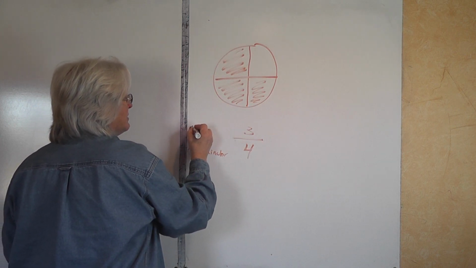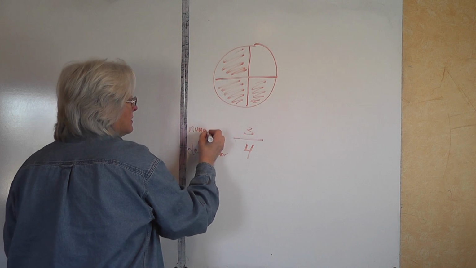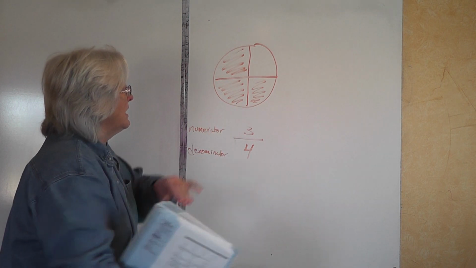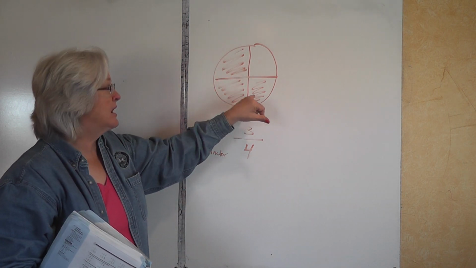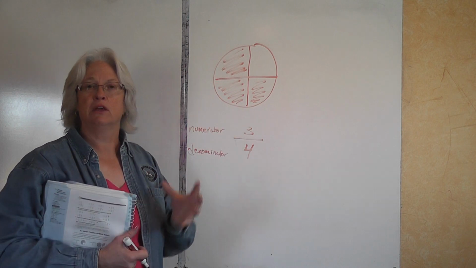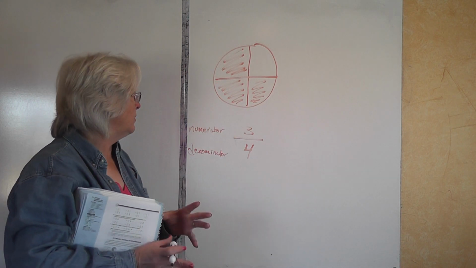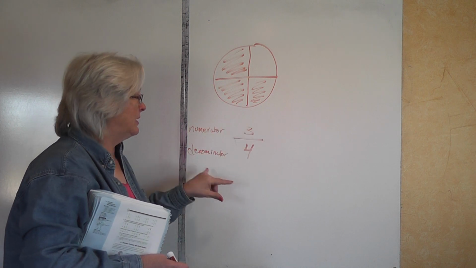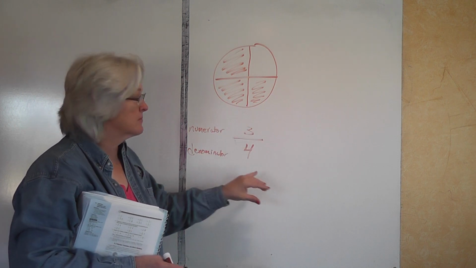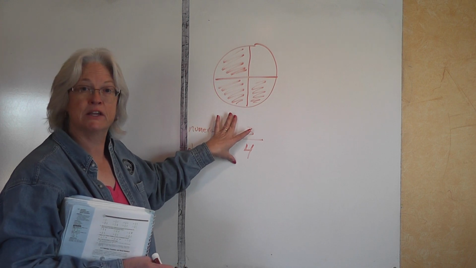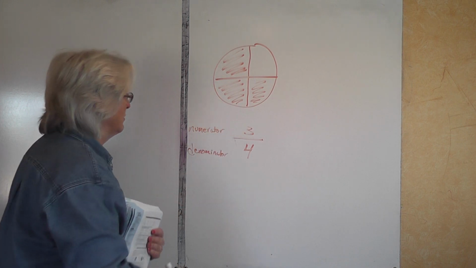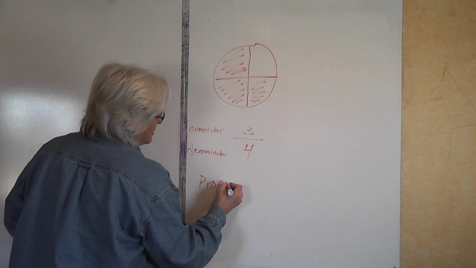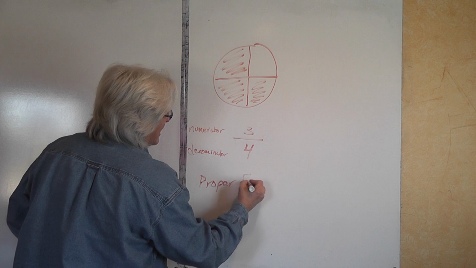So the fraction 3/4 represents that we have included 3 of 4 equal parts into which we have divided one whole object. The top number is the numerator. The bottom number is the denominator. Whenever the numerator is smaller than the denominator, that is called a proper fraction.